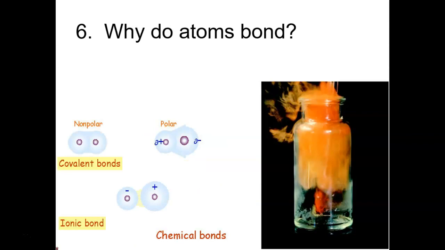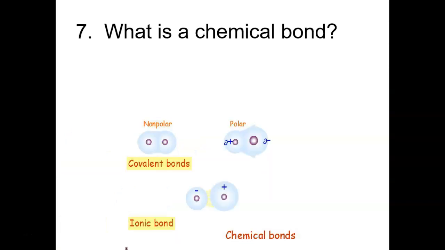So then the question becomes, why do atoms bond? Well, we've sort of talked about that. We know that atoms want to be stable. We've talked about that a little bit, the fact that they want to have that full valence electron shell.